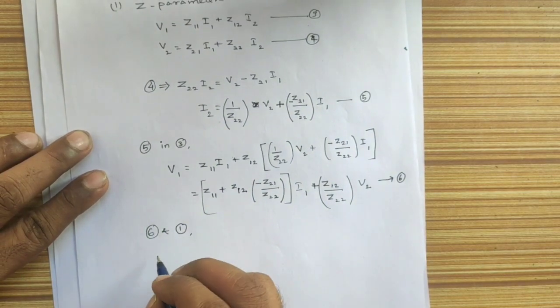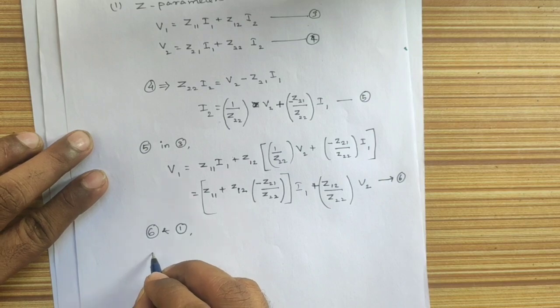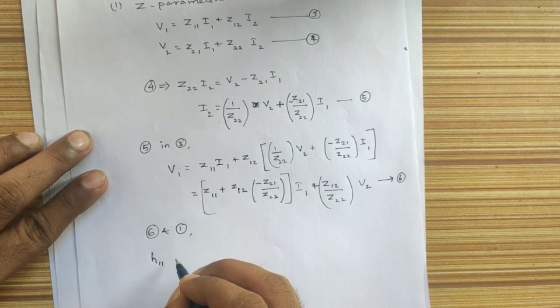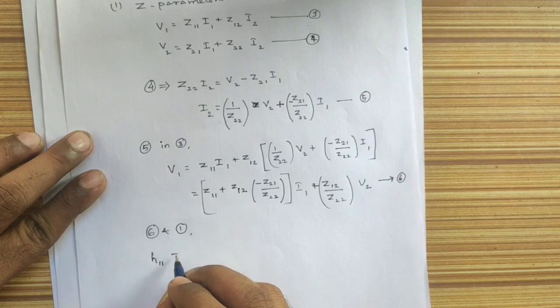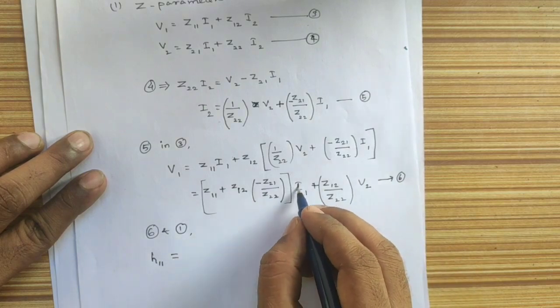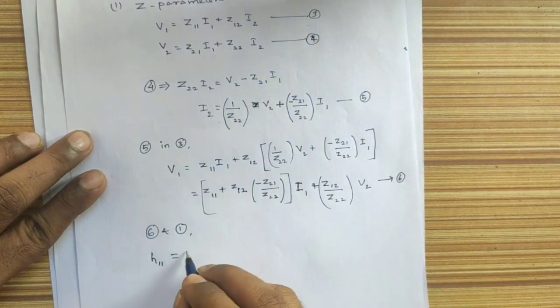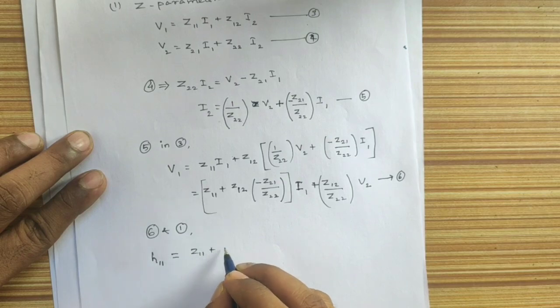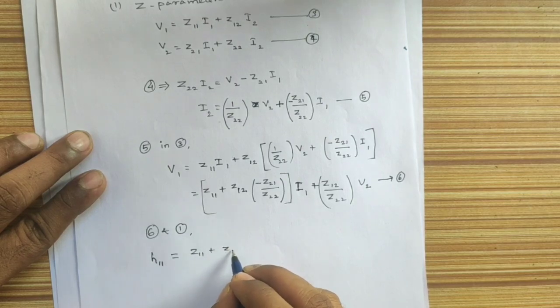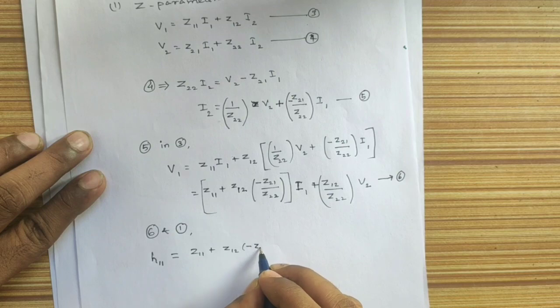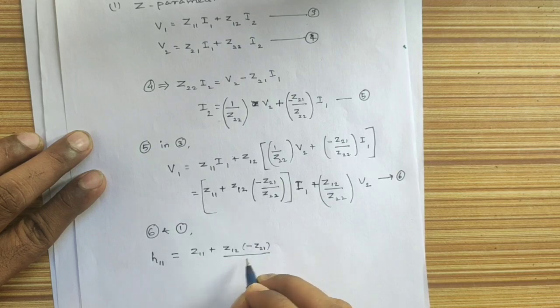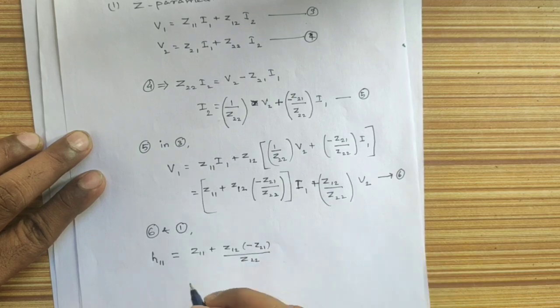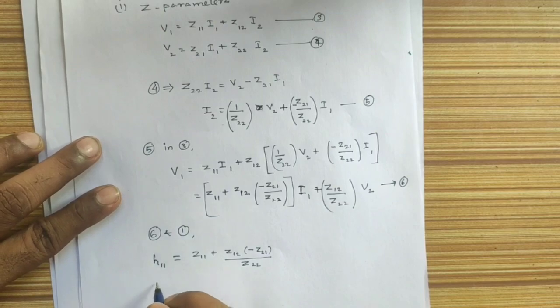I am equating the coefficients. In equation number 1 the coefficient of I1 is H11, in equation number 6 the coefficient of I1 is Z11 plus Z12 times minus Z21 whole divided by Z22.